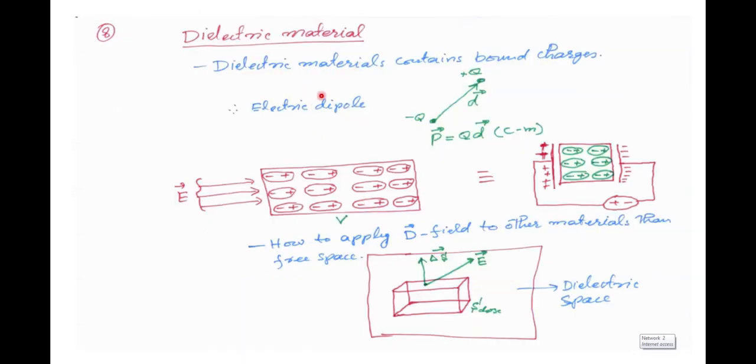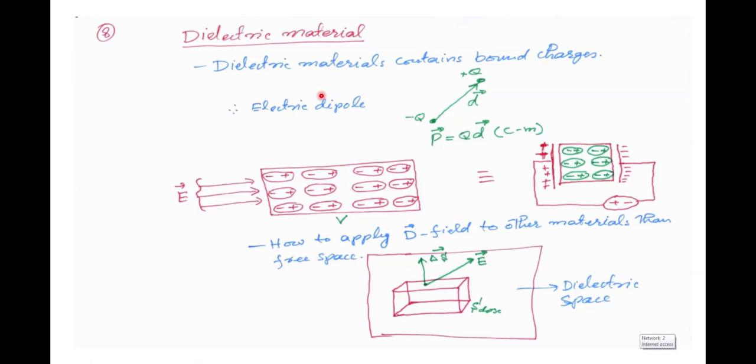Now let us discuss what a dielectric material is. Dielectric material basically comprises bound charges. There is no free charge; especially in a perfect dielectric there exists no free charge.